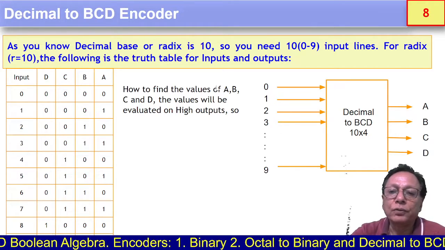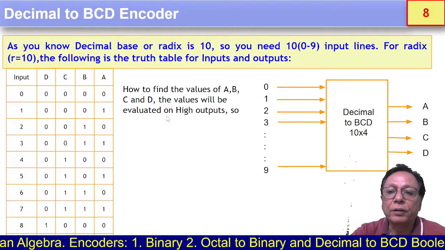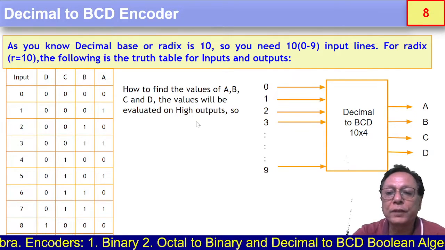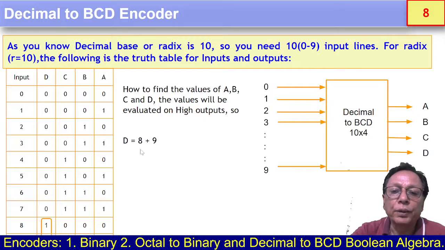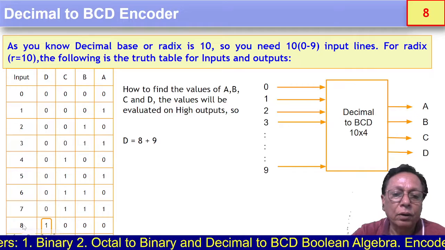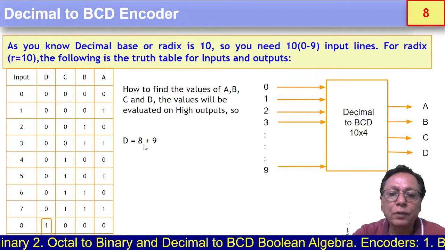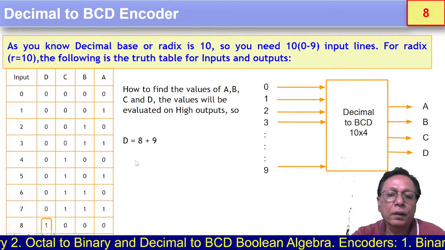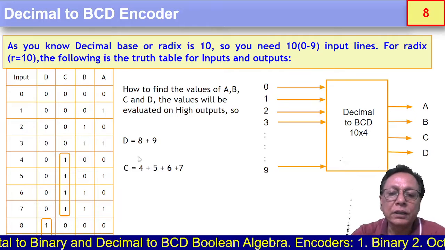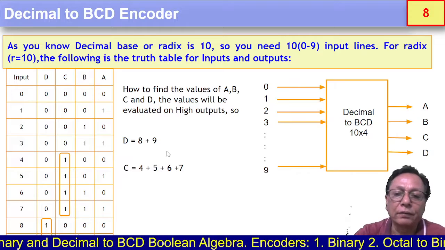So how to find the values of A, B, C, and D? The values will be evaluated on high outputs. Let's see. If you take D, it means input 8 or 9 is high. So 8 plus 9, where plus shows OR. For C, signals 4, 5, 6 or 7 are high.